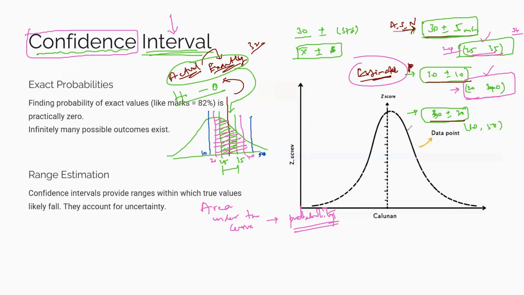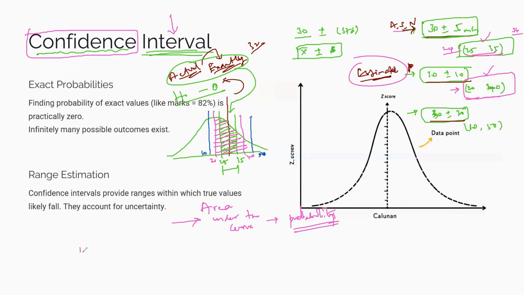What is the total area under the curve? One. 100%.